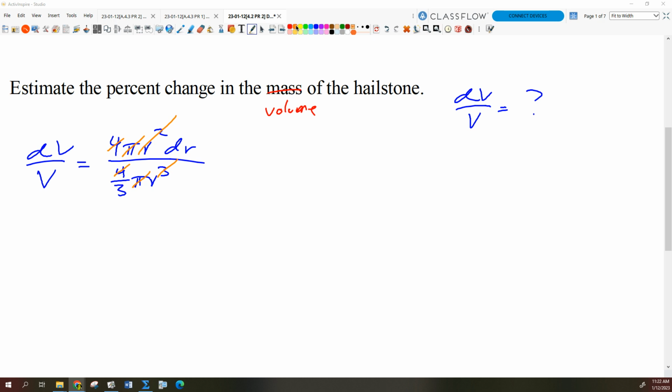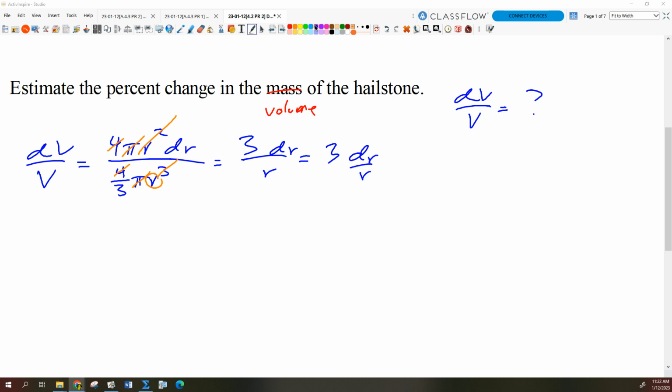So I'm going to get a single r left on the bottom. I get a 1 over 1/3, so that's a 3, right? So I just end up getting 3 dr over r, which is most easily contemplated as 3 times dr over r.